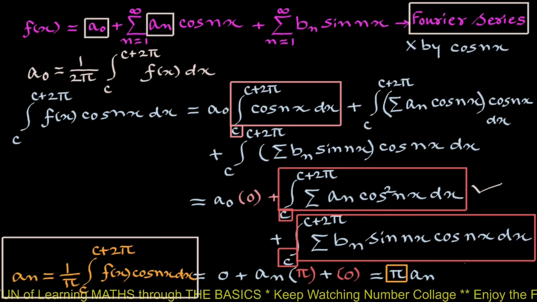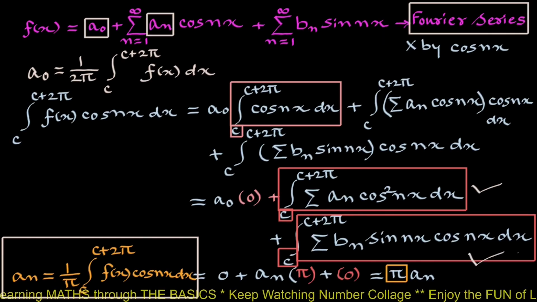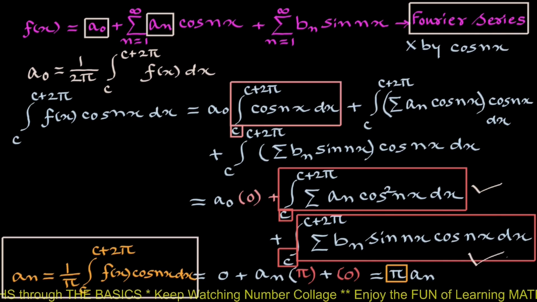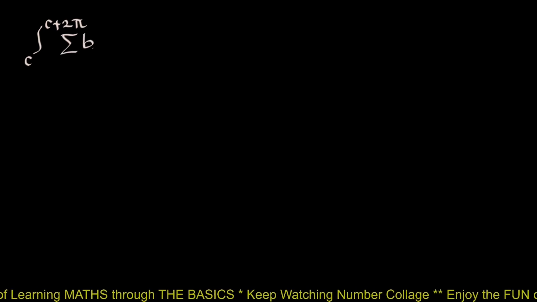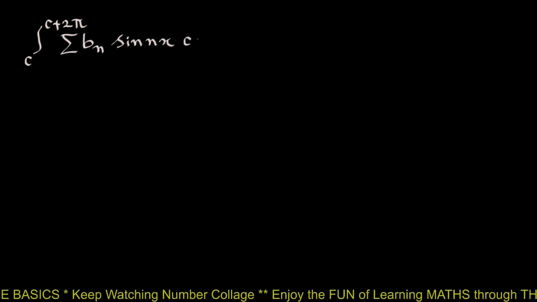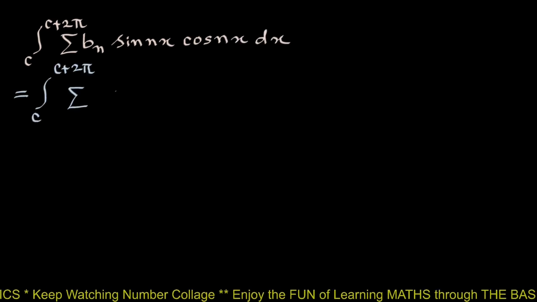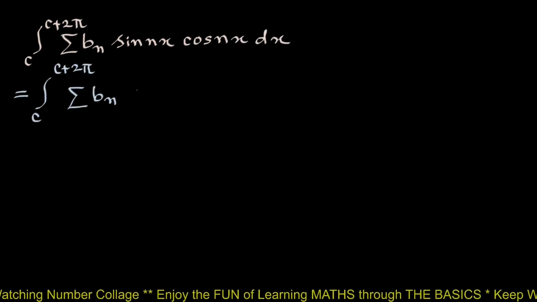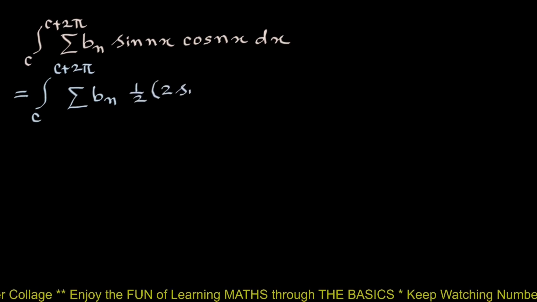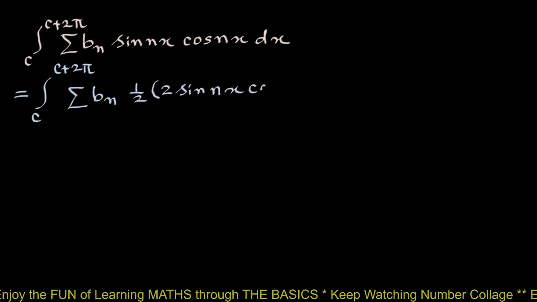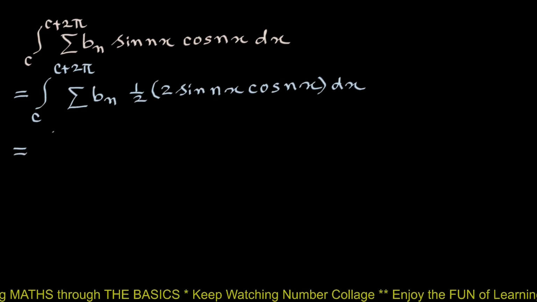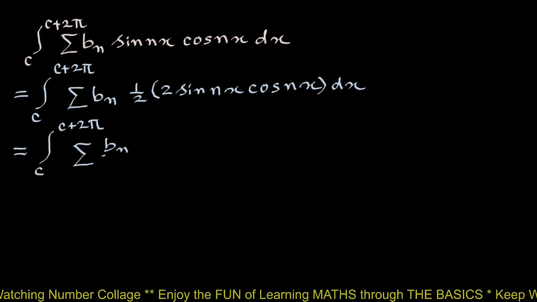Similarly, let us solve this second integral also and see whether it works out to be 0. So integral summation bn sin nx cos nx dx equals integral summation bn half into 2 sin nx cos nx dx, which is integral summation bn upon 2.